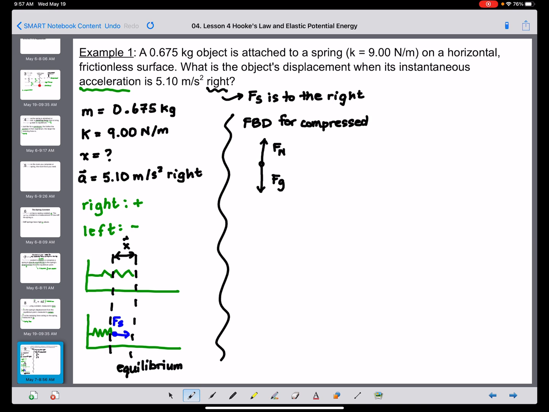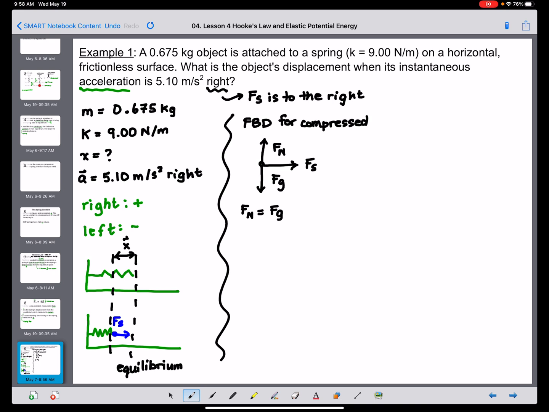Now, the normal force and the force of gravity are balanced forces here. They're the same number of newtons. And that's because although the spring is accelerating, it's only accelerating in the x direction. It's not accelerating in the y direction. So in the y direction, we have balanced forces. And then we already talked about how the spring force here is going to be to the right.